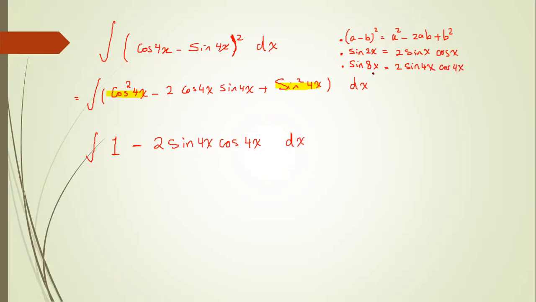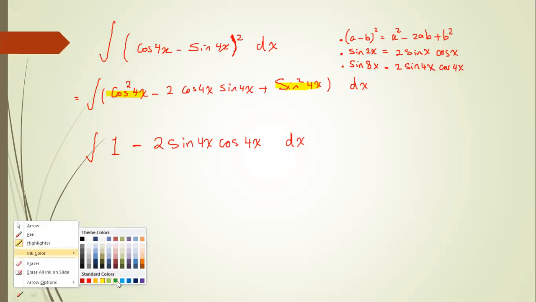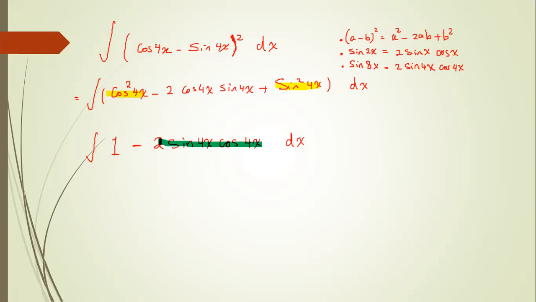That's why we replaced this whole part, 2 sine 4x cosine 4x, with sine 8x. So it's the integral of 1 minus sine 8x dx.